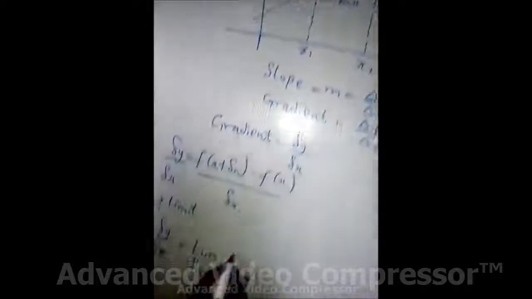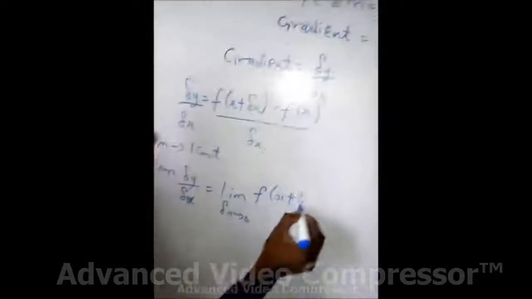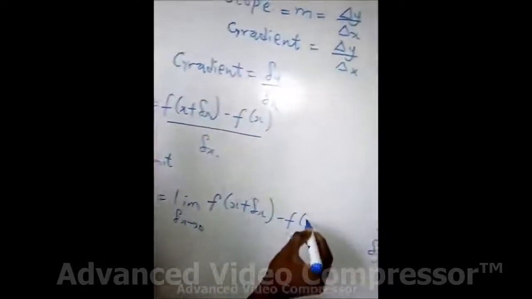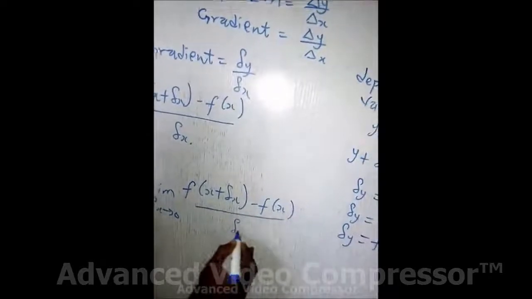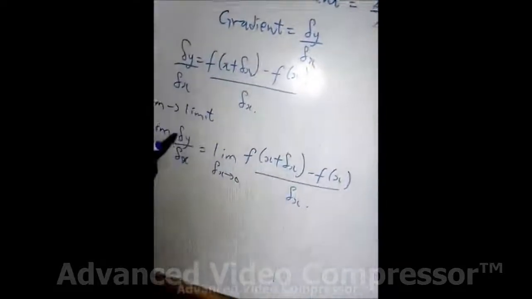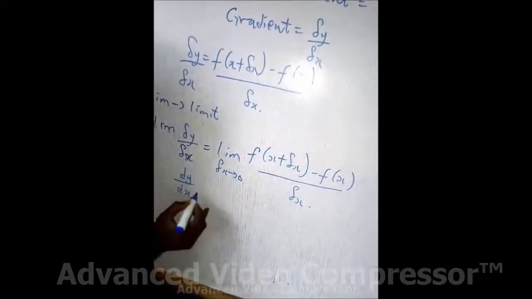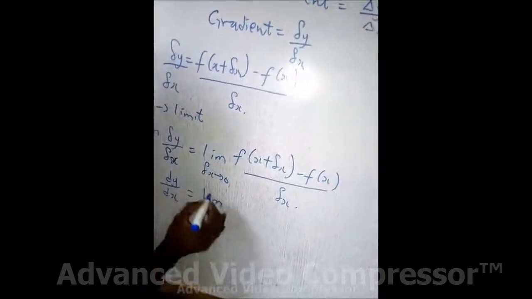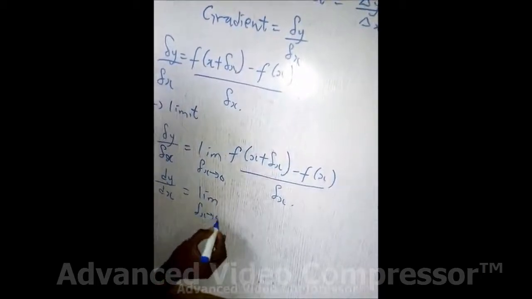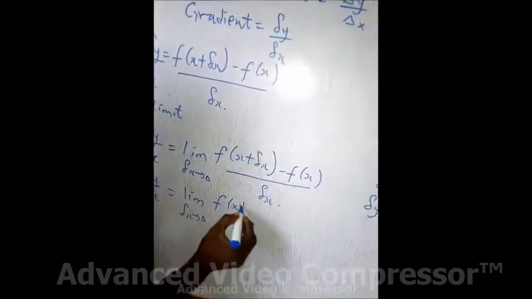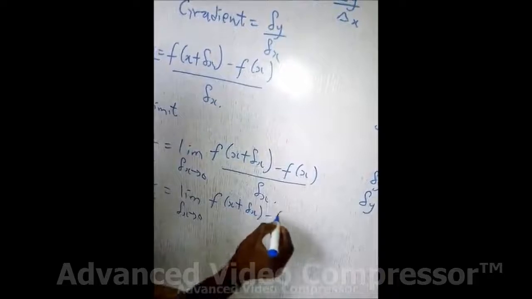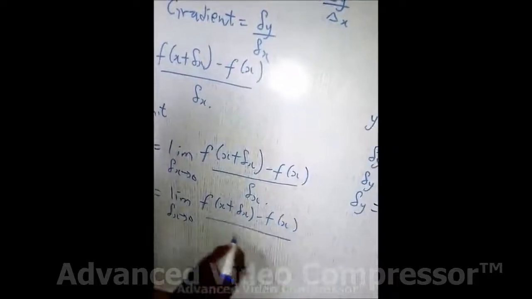Then what happens is that f of x plus change in x minus f of x all over change in x. Then what happens to these two? Then we have the total derivative, dy/dx, and this one still remains: limit as change in x goes to 0 of f of x plus change in x minus f of x all over change in x.